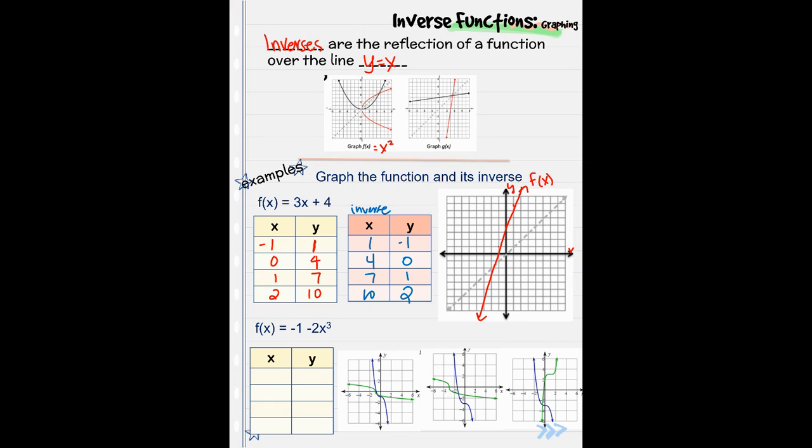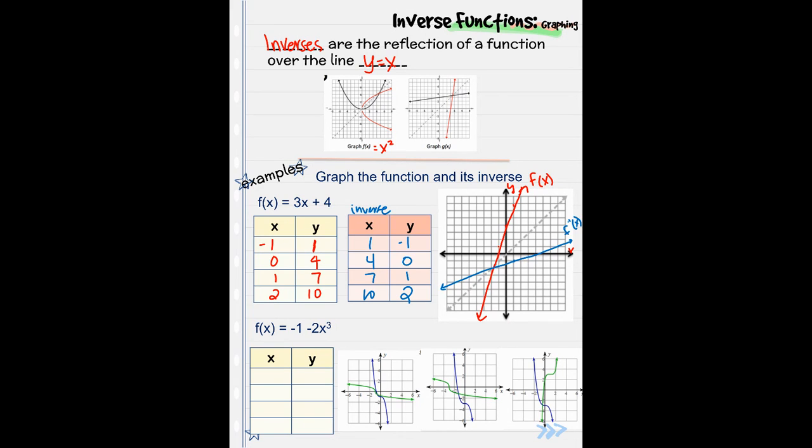So we've got 1, -1; 4, 0; 7, 1, right here, and then 10 is off of our graph, so I can connect my dots to make my inverse function. I'll show you how to write this tomorrow. This is my inverse function in blue.